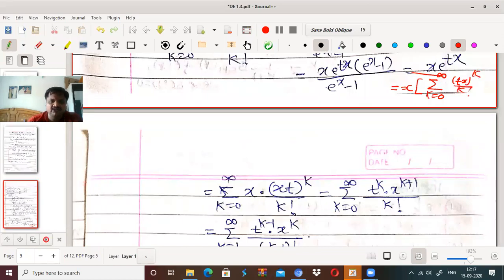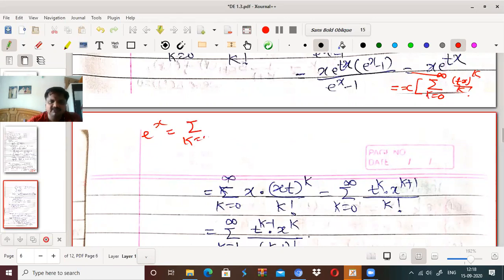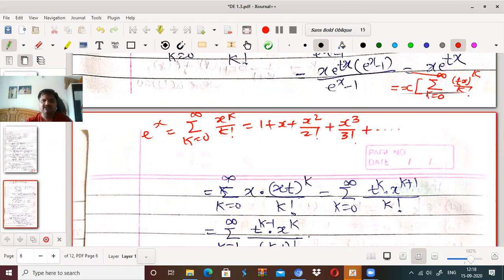Why? Because the formula for e to the power x is e to the power x equal to summation from k equal to 0 to infinity x to the power k upon k factorial, that is, 1 plus x square upon 2 factorial plus x cube upon 3 factorial and so on. Yeah, expansion. By using this expansion, you will get this term.